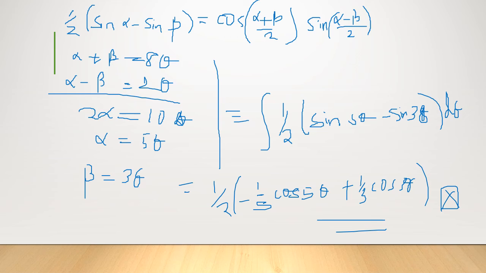That's the first equation. The second equation will be alpha minus beta, which will be the same as we have sine theta, so this will be 2 theta.